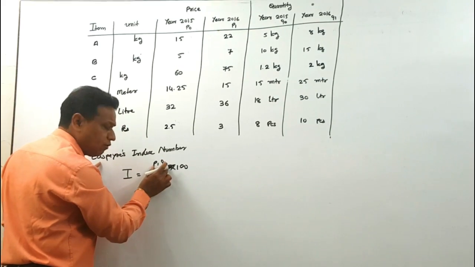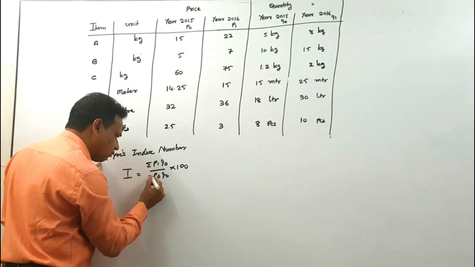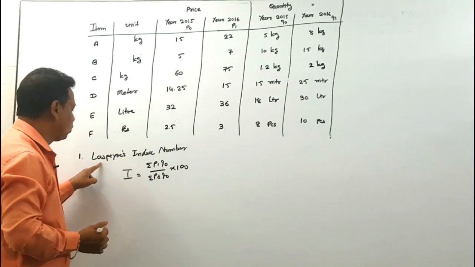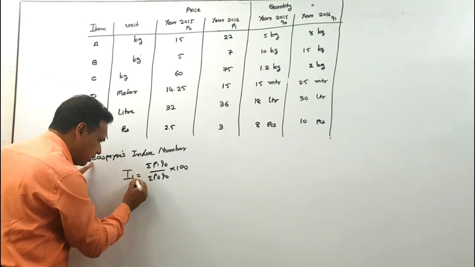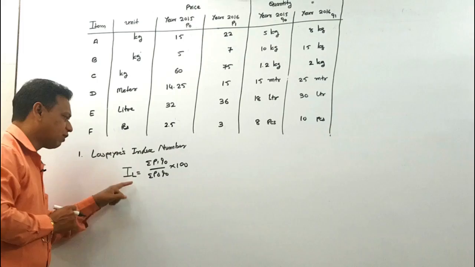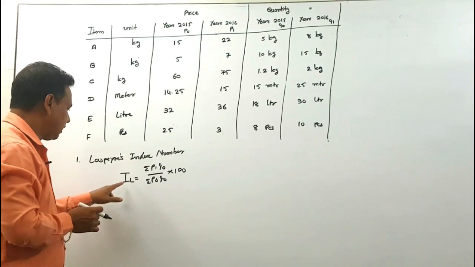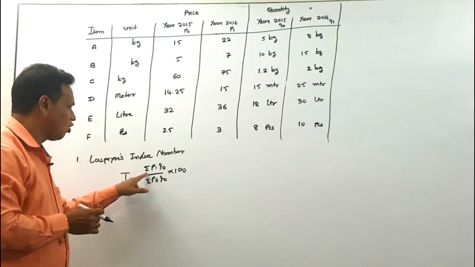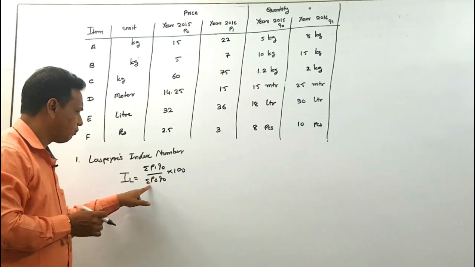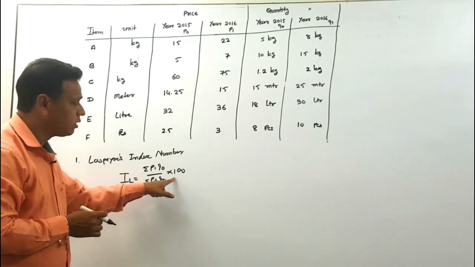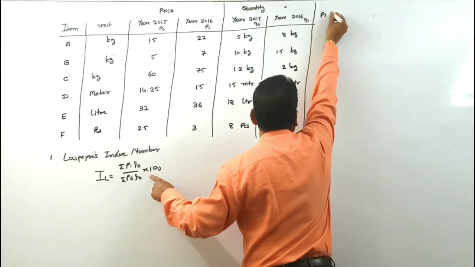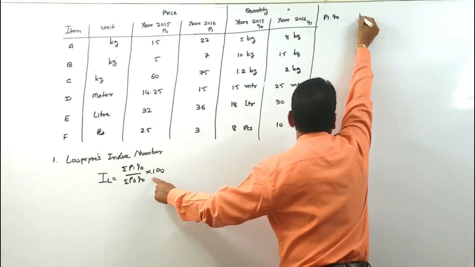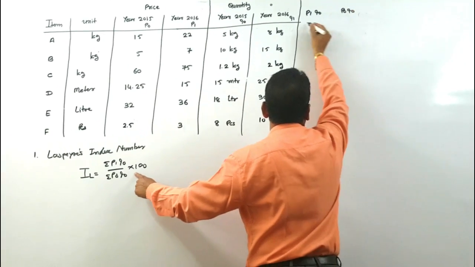We need summation of the things, and we have to use the small l, so it has to be written next to I in small letters, IL. So our formula becomes easy: index number of Laspeyres is equal to sum of P1 Q0 divided by sum of P0 Q0 into 100. Now we are going to make our first column, that is P1 Q0, and the second column is P0 Q0.